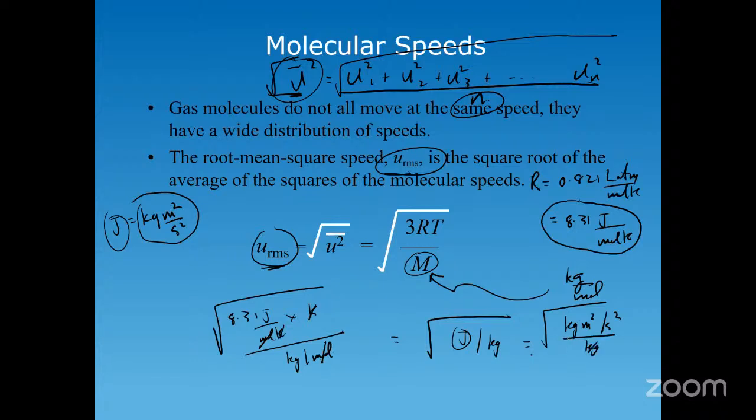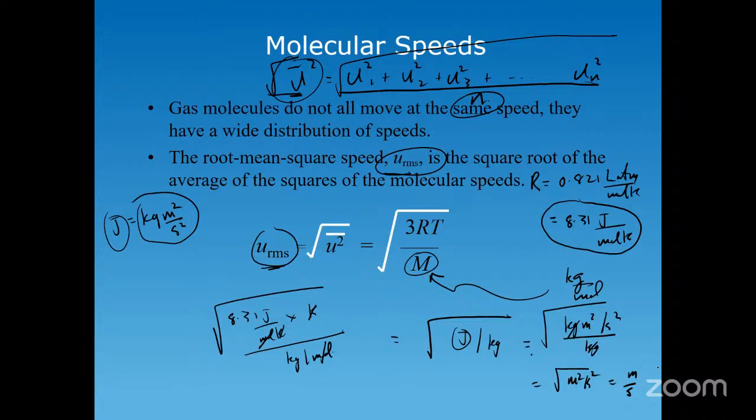The kilograms will cancel out, so you end up with the square root of meter squared over second squared, which is the same thing as meters per second. So the units of the root mean squared speed would be meters per second.